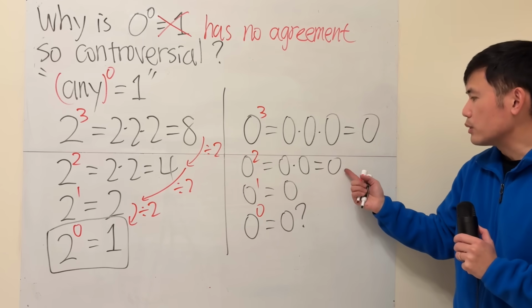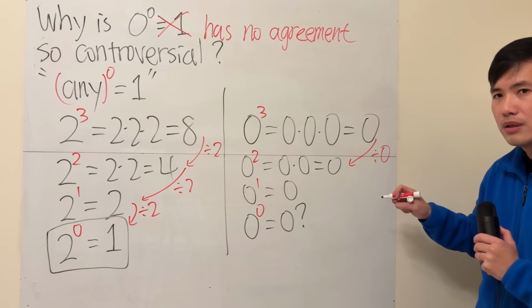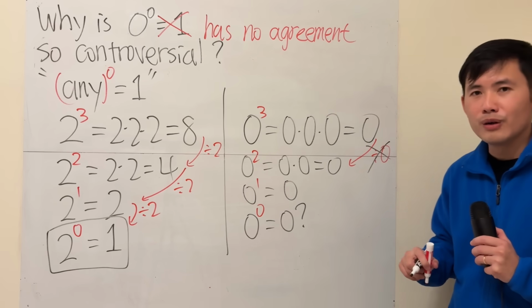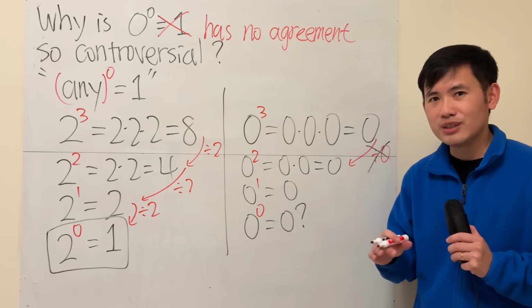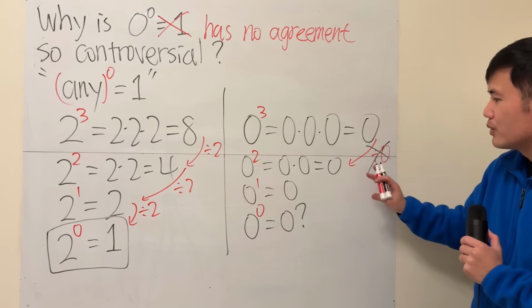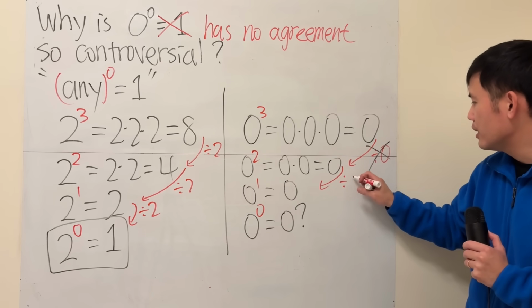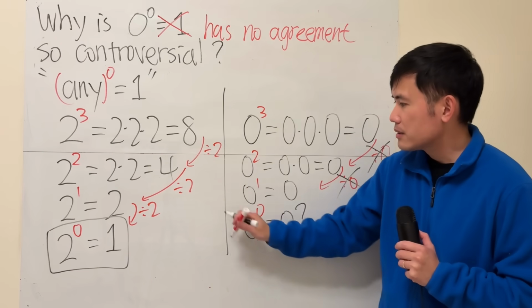But 0 divided by 0 will give you... can we really say that is the same as dividing by 0? No. We can never divide by 0. That I know. 1 divided by 0 is undefined, just like 0 divided by 0 is undefined. So we cannot use this to argue this result or pattern anymore. It doesn't work.